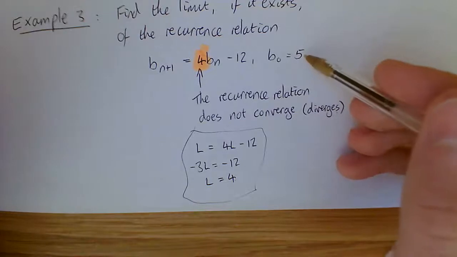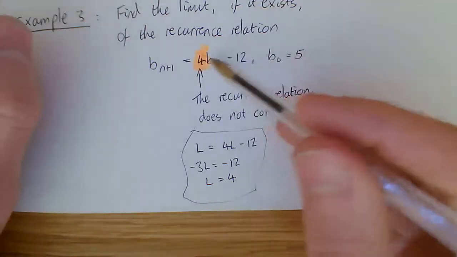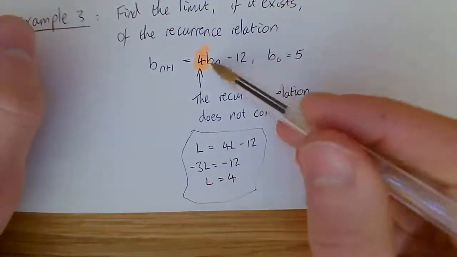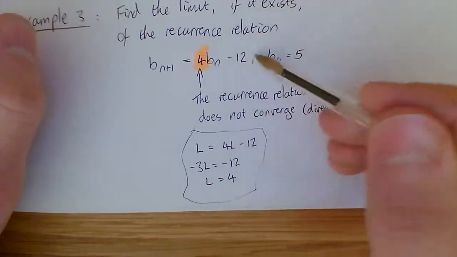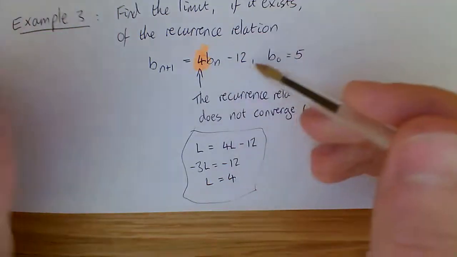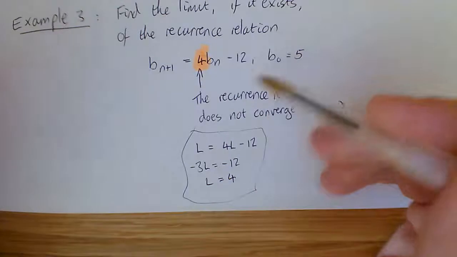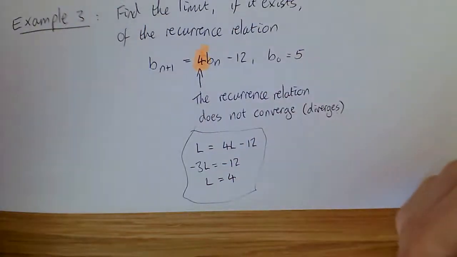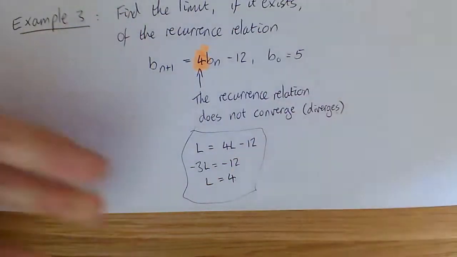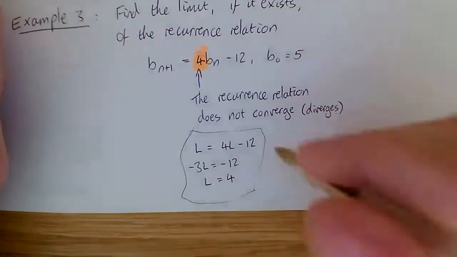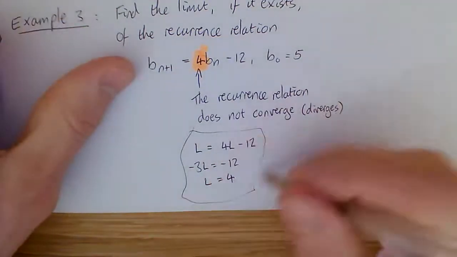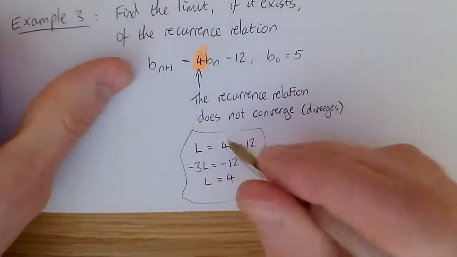If I start with 5 in here and put it in, that would give me 20, take away 12, which is 8. Put that back in, I get 32, take away 12, which is 20. Put that back in, I get 80, take away 12, which is 68, etc. The numbers will get bigger. This thing is not converging, even though this bit of maths here works.